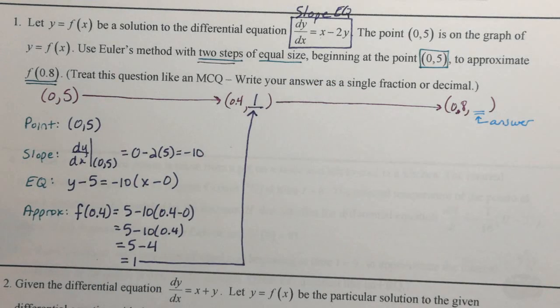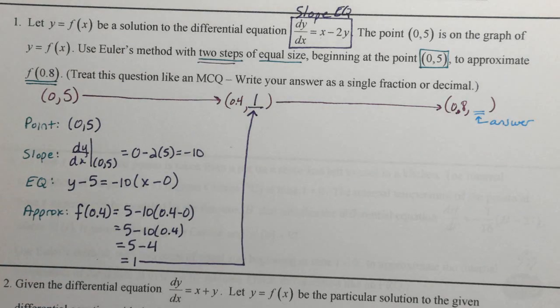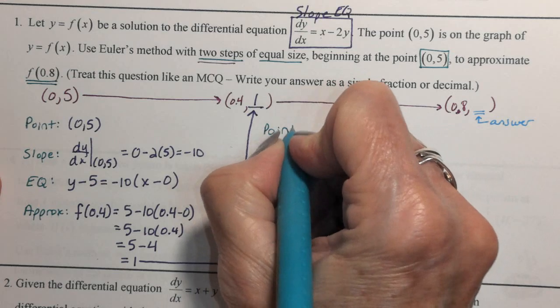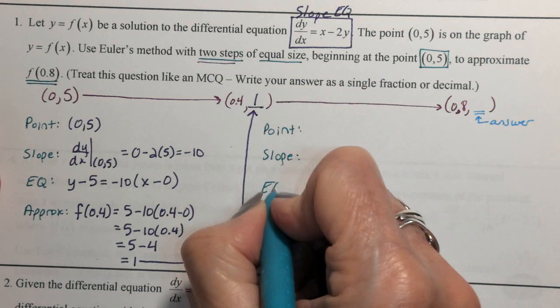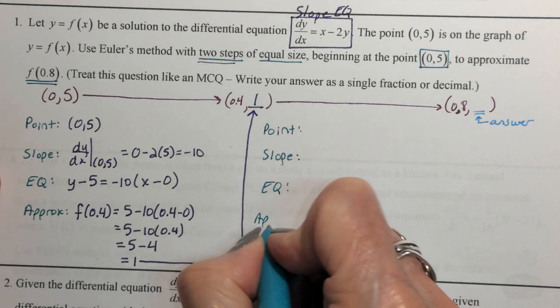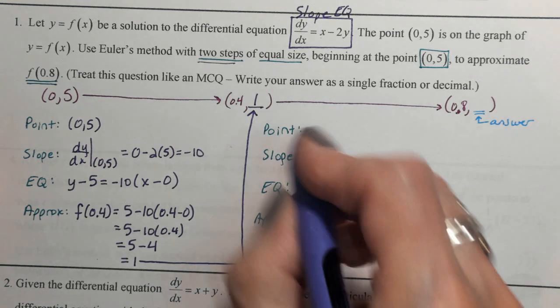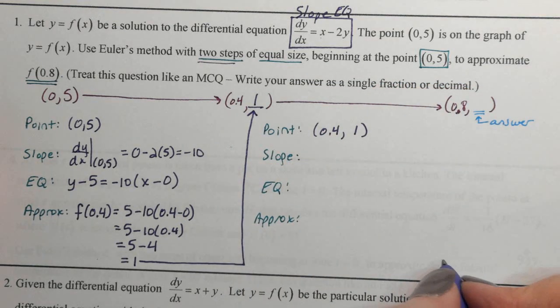Okay. Now we have a new point, so we repeat the process. Point, slope, EQ, approximation. The new point is (0.4, 1).